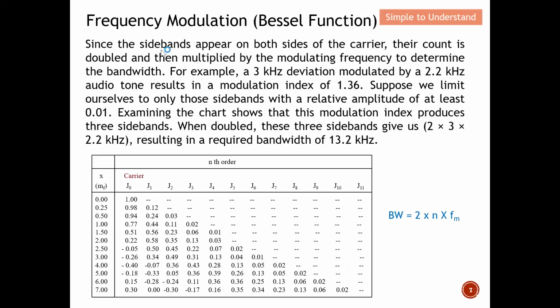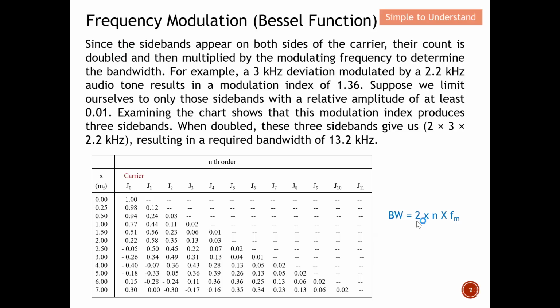Okay, since the sidebands appear on both sides of the carrier, as I have mentioned early on, their count is double. I will illustrate this again. So we need to double the effect and then multiply by the modulating frequency to determine the bandwidth. What does this mean? This means that the bandwidth is first doubled, which is illustrated here.